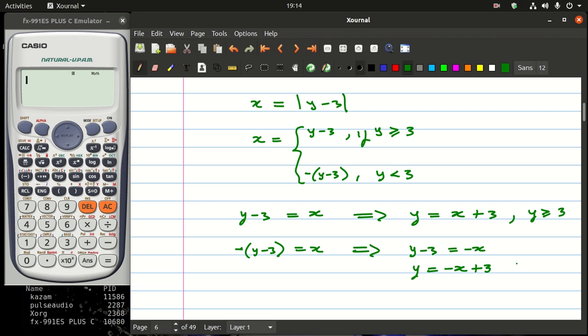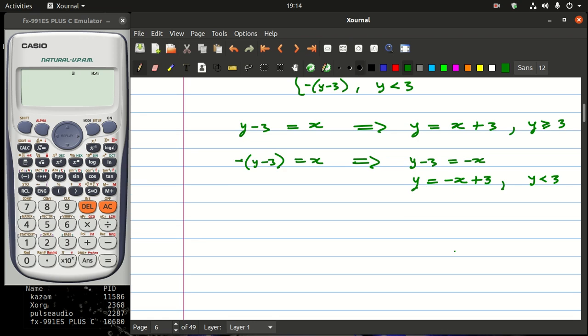So this one is saying that whenever y is less than 3, let us look into this, because this is our inverse here.